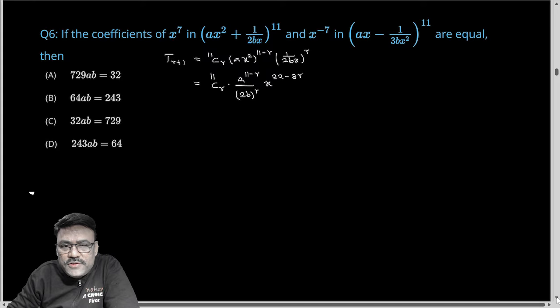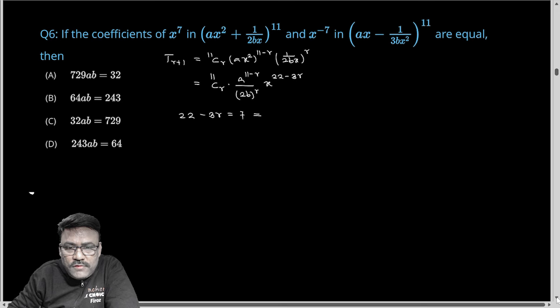And I need the coefficient of x raised to 7 here. So hence this 22 minus 3R must be 7. So this gives you R is equal to 5.